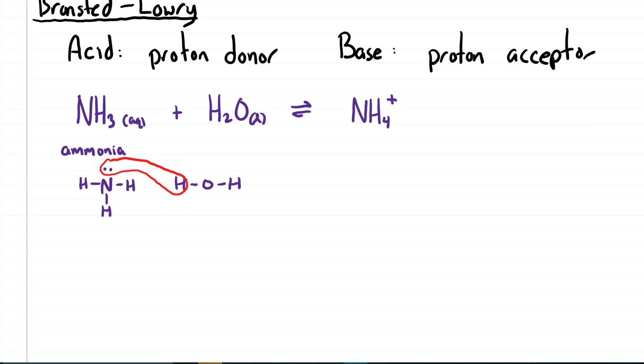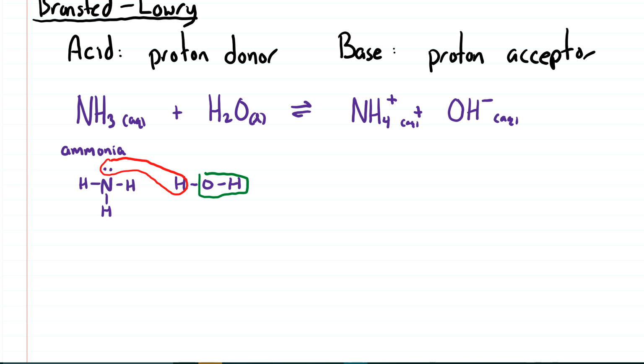And what would the other chemical be that gets formed here? Well, if you took an H off of water, that would leave you with just the OH part of it. So your product would also contain the hydroxide ion. That's probably what a lot of people would associate with being basic, because they think of hydroxides as being basic.